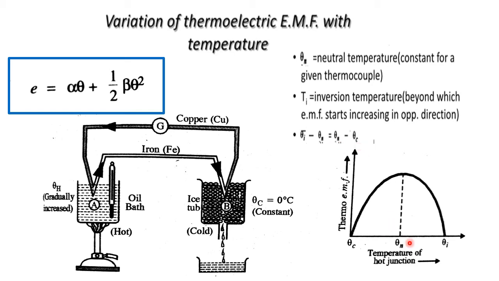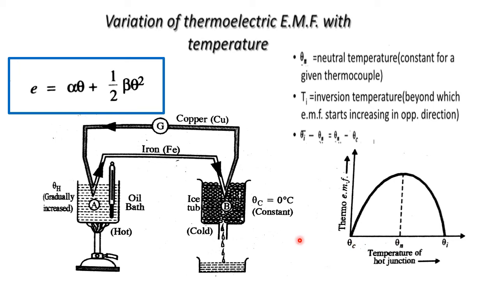Why is it so? It was found that the temperature of inversion is greater than the neutral temperature in the same manner as the neutral temperature is greater than the critical temperature.